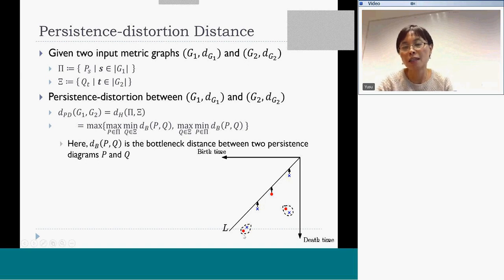Specifically, let's say that here we have a persistence diagram containing the red points, and another persistence diagram containing the blue points. The distance between them is simply given by the best one-to-one correspondence between them, which minimizes the maximum pairwise corresponding distance, where we also allow some points to be mapped to the diagonal.